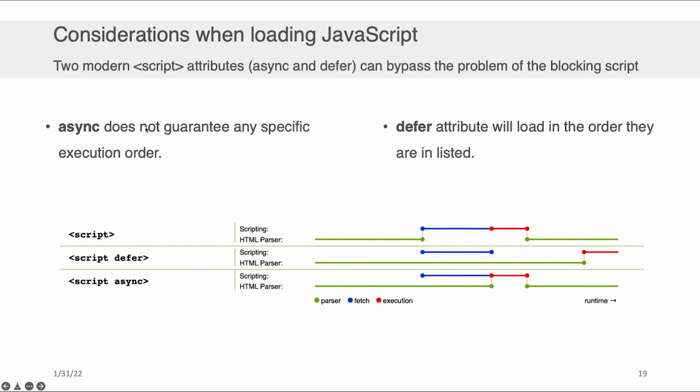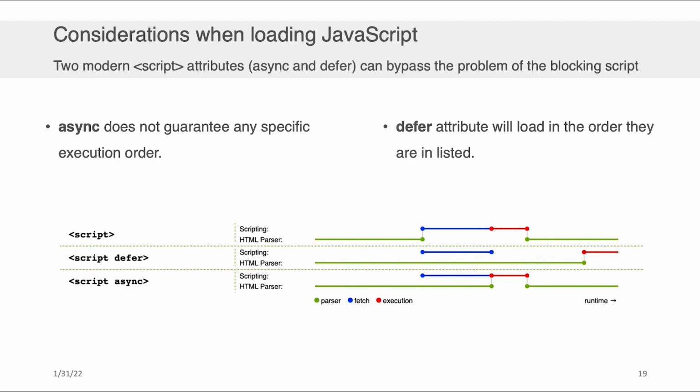What I mean by execution order is if you had 3 scripts that you wanted to import, script 1, 2, and 3, and you used async, there's no guarantee that one script will finish importing and running prior to the other. If that's okay, because those 3 scripts have completely disjointed functionality or do different things on your website, that's great. You can asynchronously load them and that will give you a performance improvement.